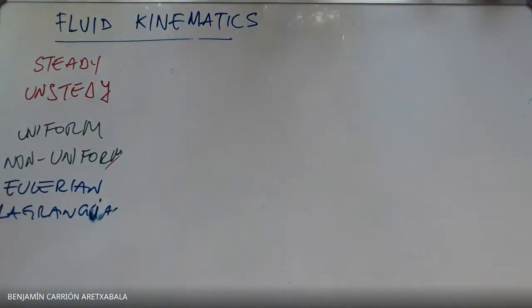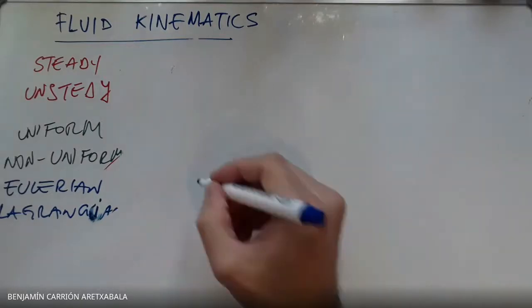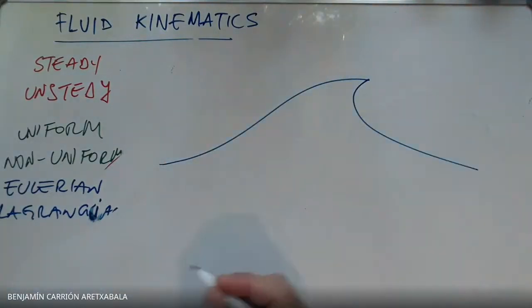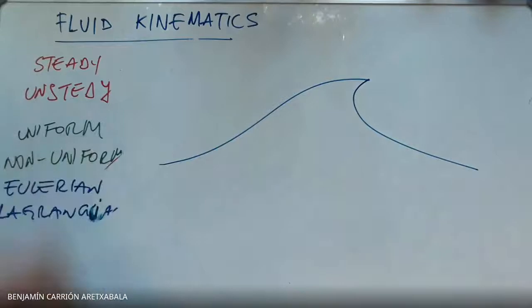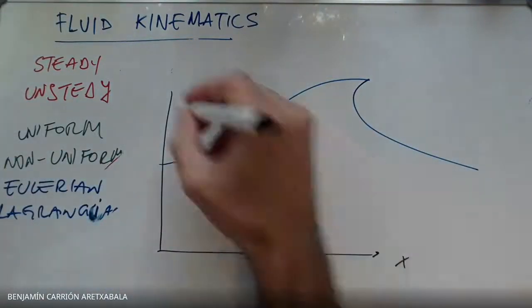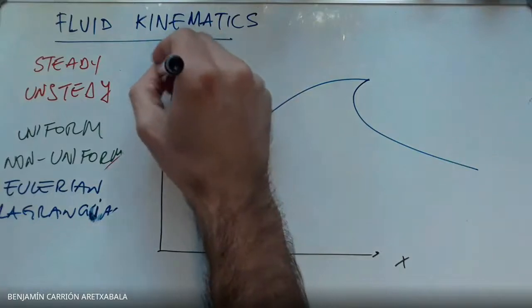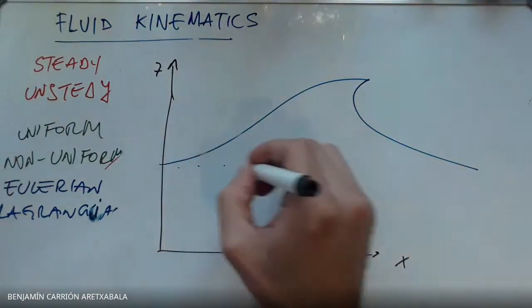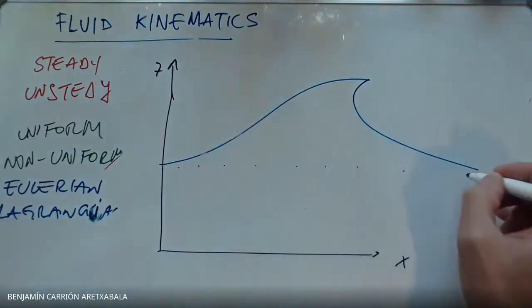The Eulerian approach is trying to say, again, let me take a wave, okay, there is here some grid of points. Let's say this is Z, and I'm going to estimate the velocity on each of these points.